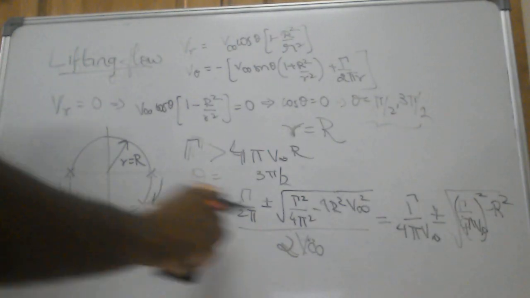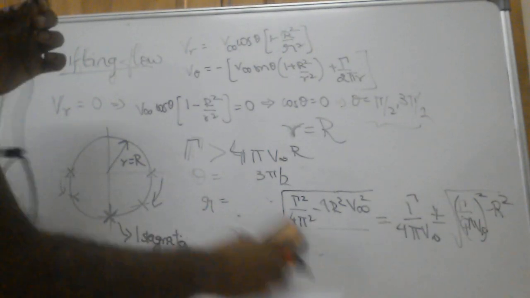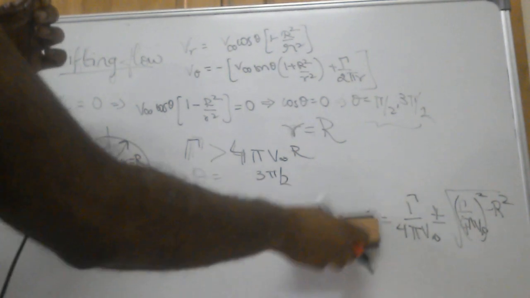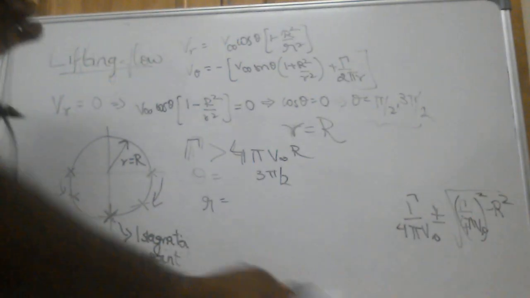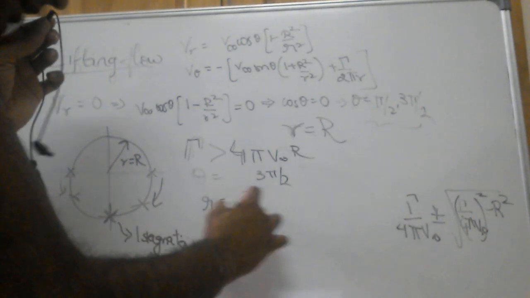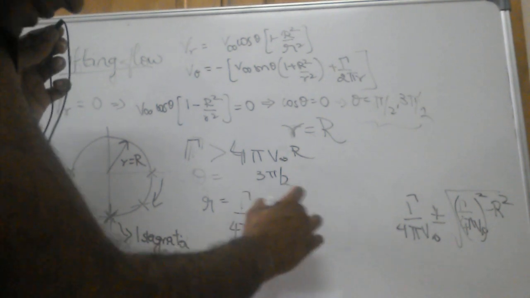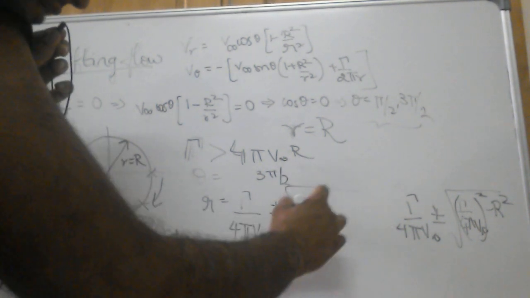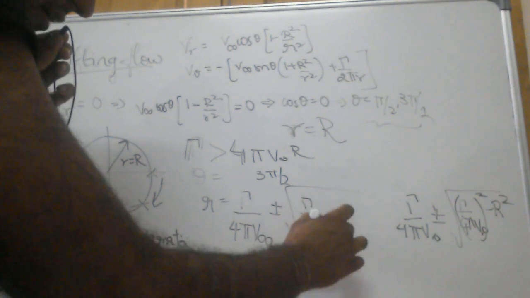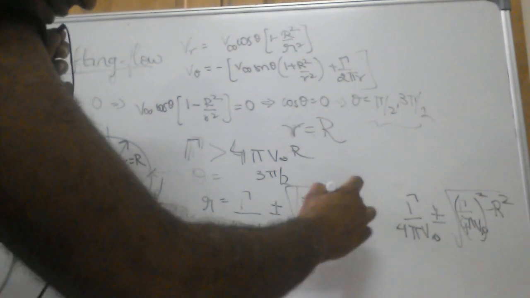So let me just write that down a bit neatly here. So what I would get is gamma by 4 pi v infinity plus or minus root of gamma by 4 pi v infinity whole squared minus capital R squared.